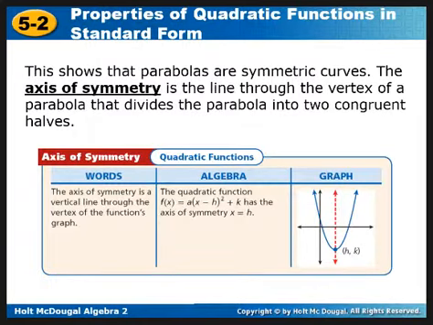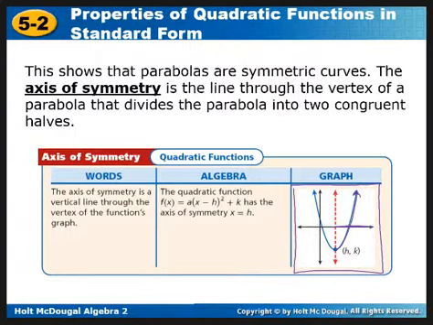The dotted line that was highlighted on the last slide is referred to as the axis of symmetry. Essentially, it is the line that splits our parabola in half. If you focus down here in the corner on the picture that's drawn here, that's why when we were graphing in the first section, when it came to filling in x values to our function, we could just stick to x values on one side of the vertex.